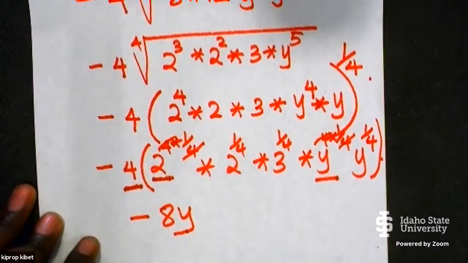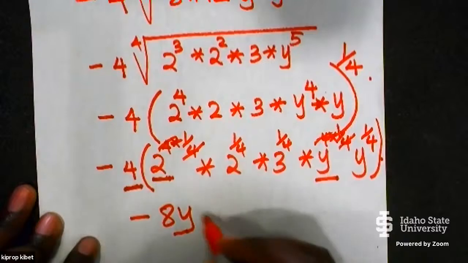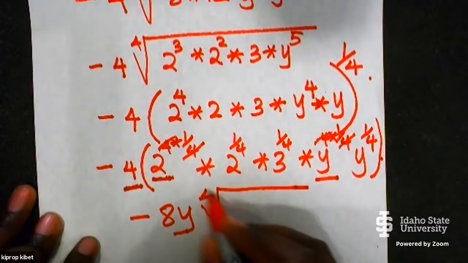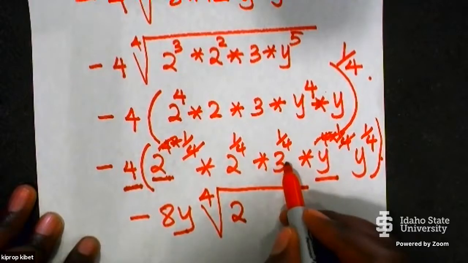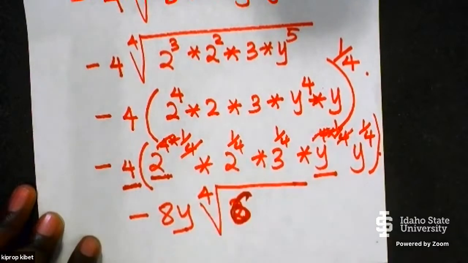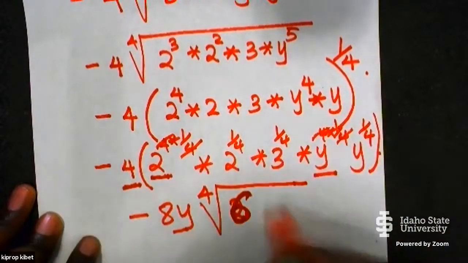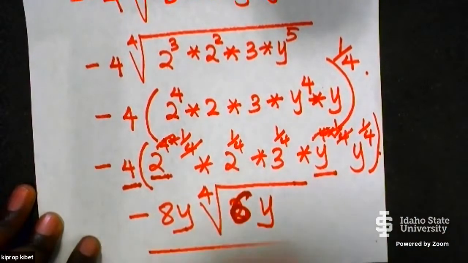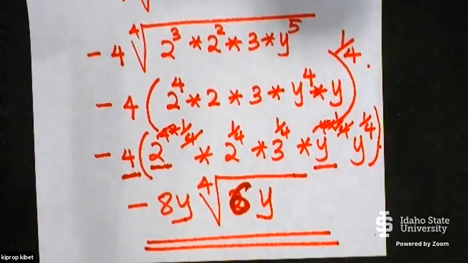Okay. Then this one is raised to root. So the 4th root of what? 2 times 3. So which will give us 6. All right. So it is 6. So 2 times 3 is 6. That is our final answer.